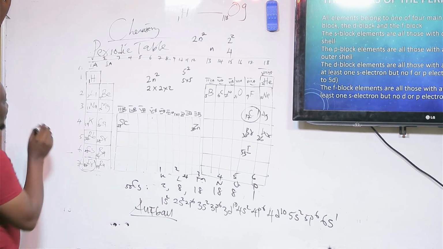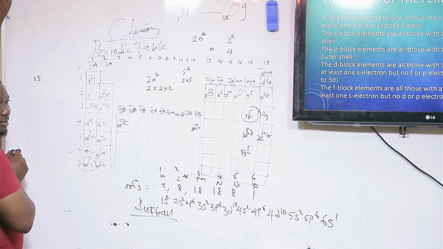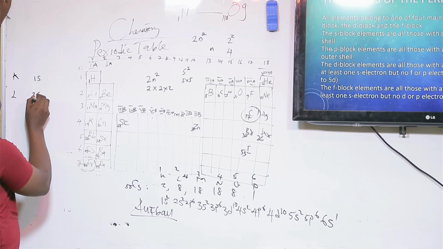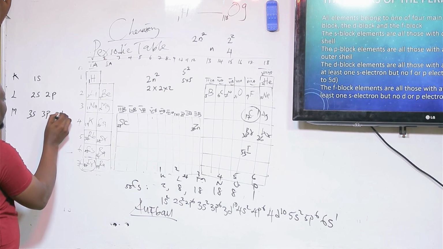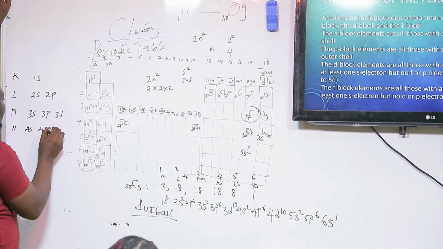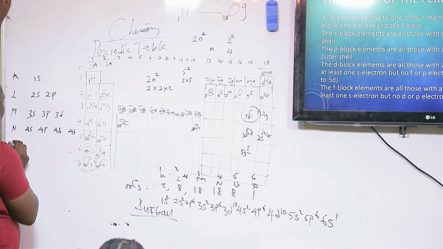The reason why it is wrong, let's look at something here. Like I told you, 1s is the only subshell in the K shell. The L shell is 2s, 2p. The M shell, 3s, 3p, and 3d. The N shell, 4s, 4p, 4d, 4f.